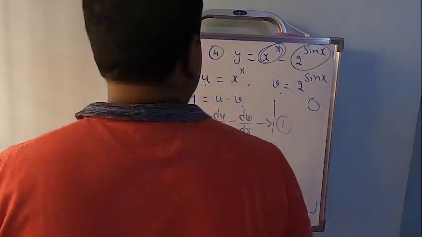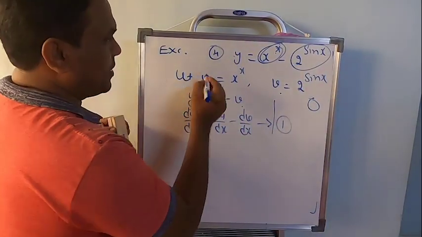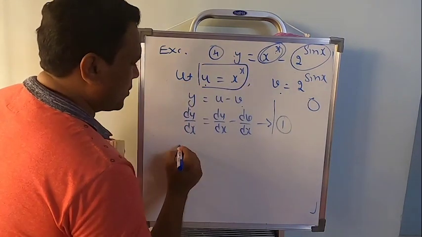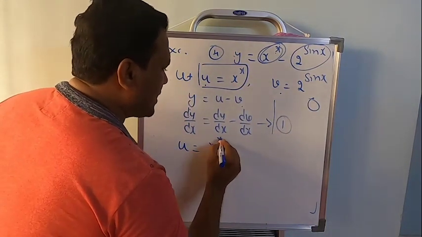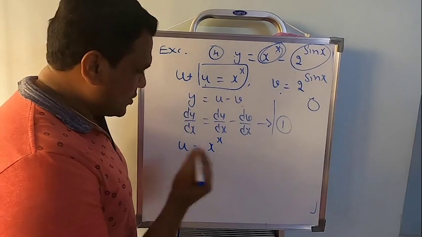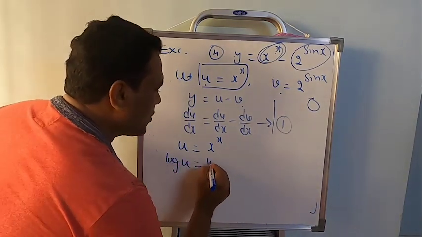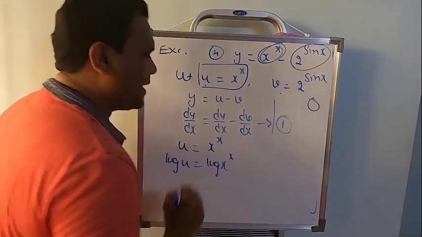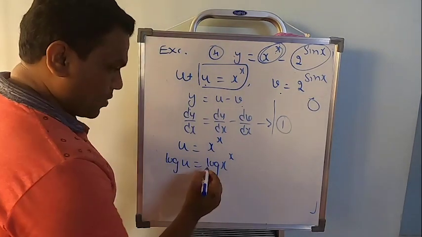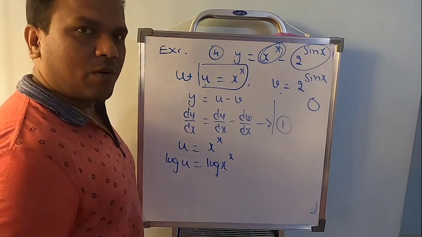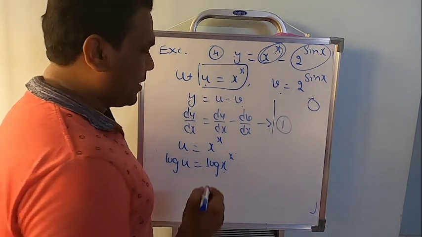So let's find du by dx now. How to find du by dx? You have u is equal to x to the power x. For this you apply log on both sides. So if log is applied, log u is equal to log of x power x. Now for log of x power x, you apply the first formula that I listed in the beginning of this topic.